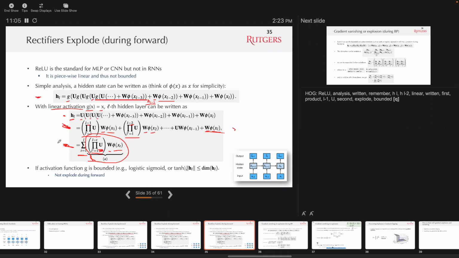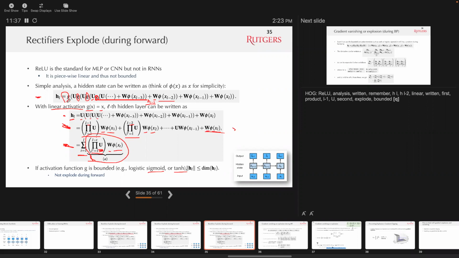To make sure it's bounded, it would be best if you can use the sigmoid function or the hyperbolic tangent. Right? If you use the sigmoid or hyperbolic tangent, then you can see that after each operation here, the network is gonna go through the nonlinear function G here, right? So there's a lot of steps here that make sure that the output is going to be between 0 and 1, or -1 to +1.